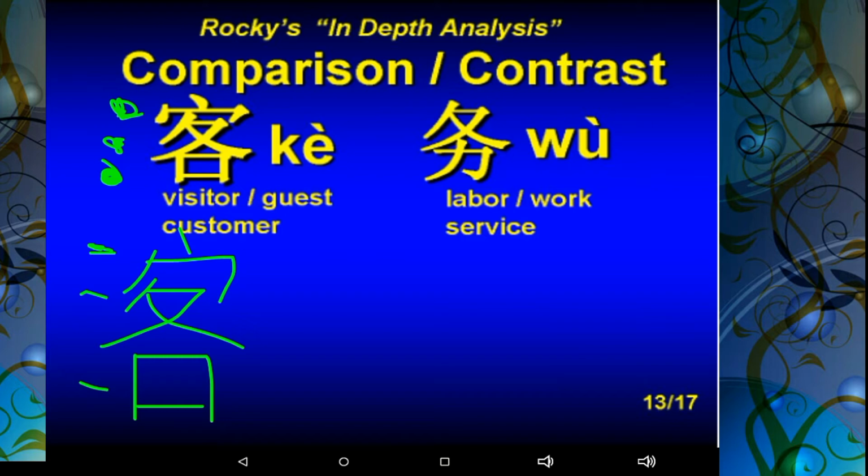Now let's look at the next character. The next character is Wu, and he looks like this: 1, 2, 3. Well, that's an individual or a person, right? The same thing, an individual or a person.